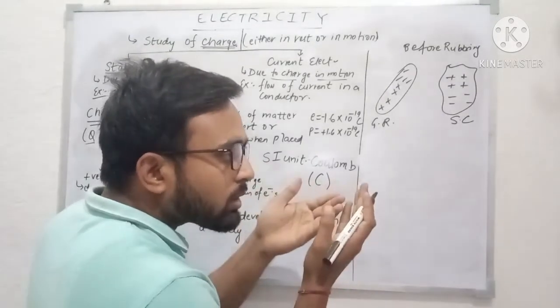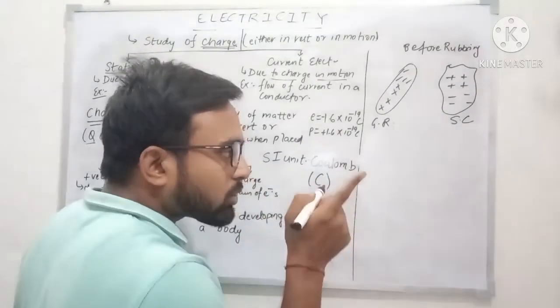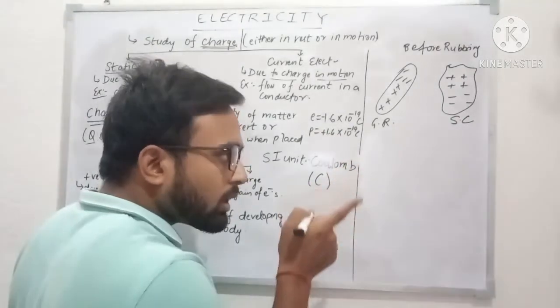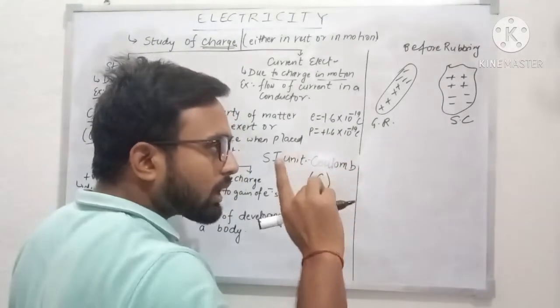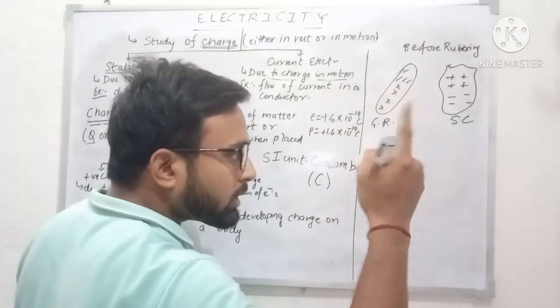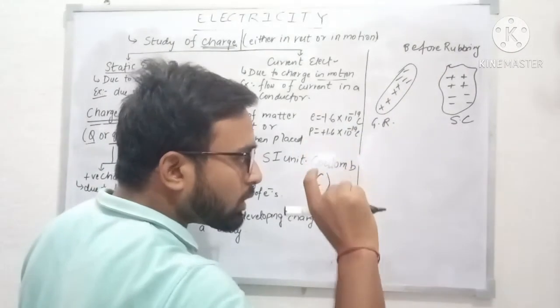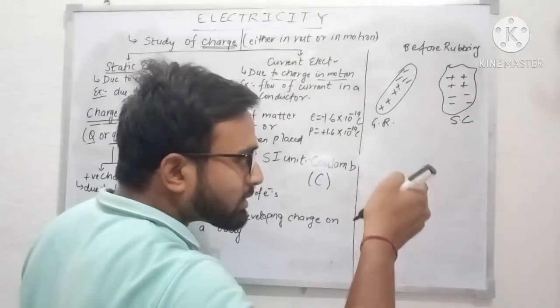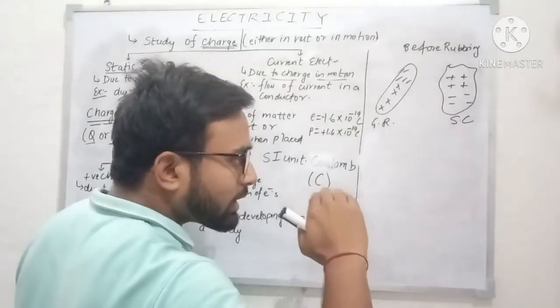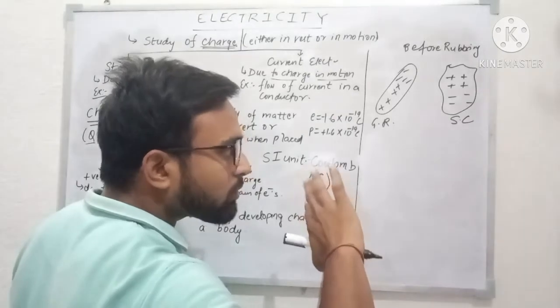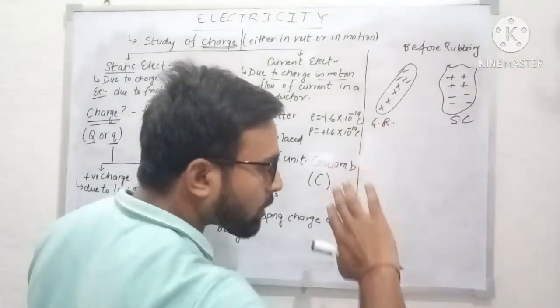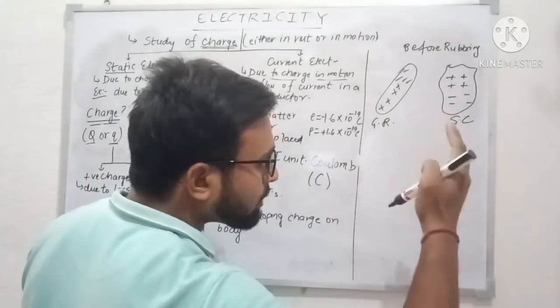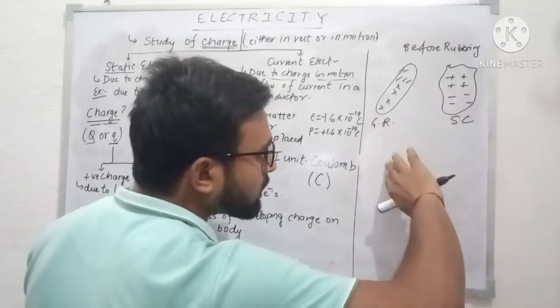What we can remove? You also know that electron is revolving around the nucleus, so the electron in the outermost orbit is loosely bound to the nucleus of the atom. So when these electrons acquire some energy from outside, they get excited and detach themselves from the nucleus of the atom and are transferred from one body to another.